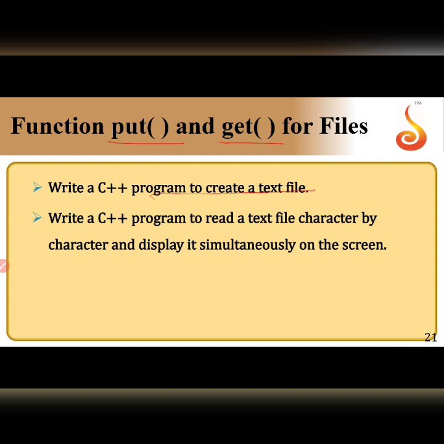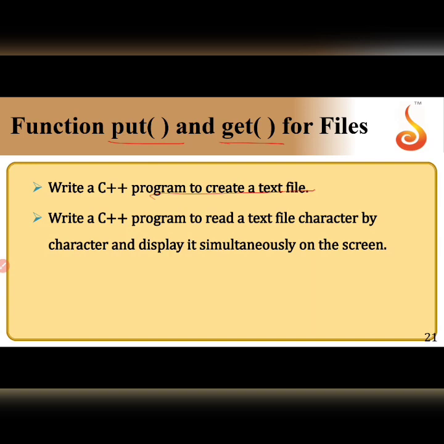Creating a text file means I need to write something, right? Whenever creating means writing to a file. So, I need to create an object for the ofstream class, or I can create an object of fstream and I can open the file using the ios::out mode. Either way I can do that.